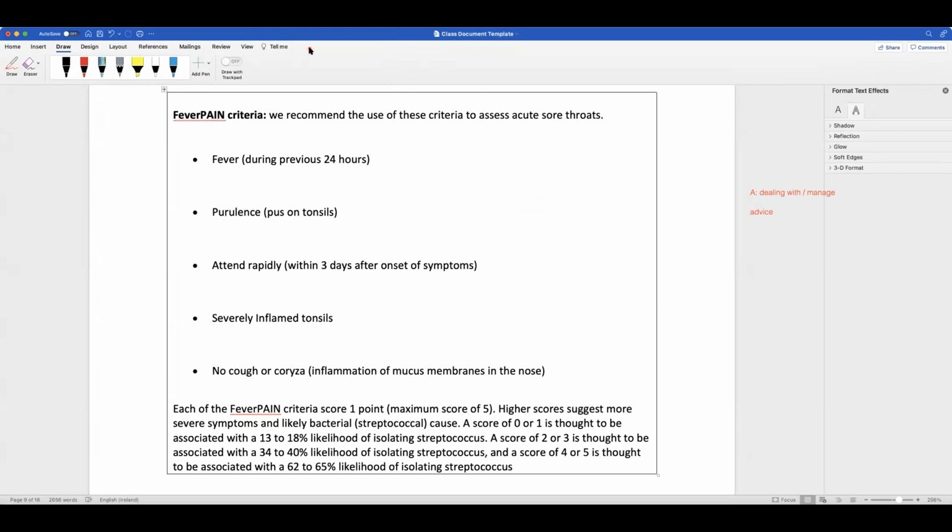Just hold on for 10 more seconds and I'll ask someone to give this to me. Five seconds, 4, 3, 2, 1. Rajput, what's this about? History, information, you know, is giving me history first. Yeah, but give me the main idea. Acute sore throat assessment. Fever pain criteria.